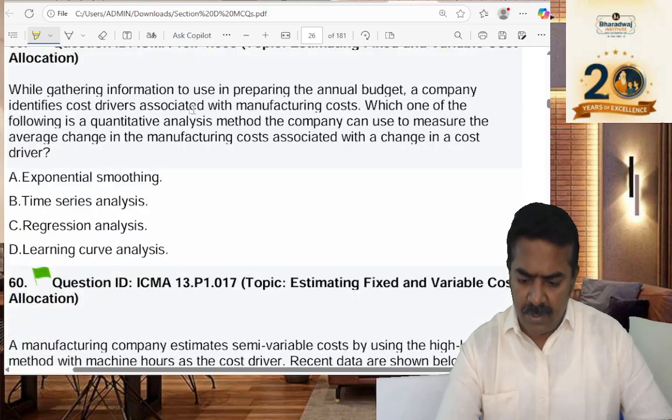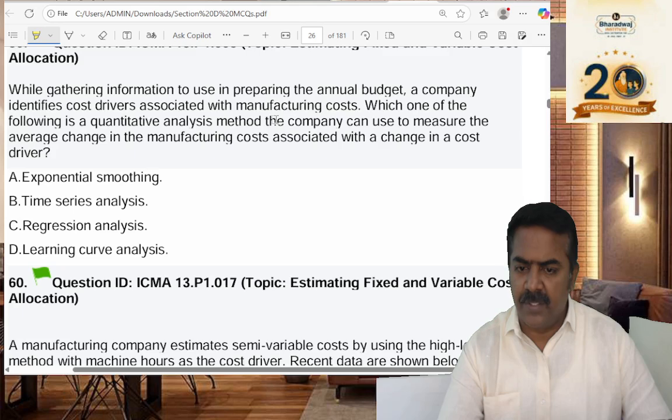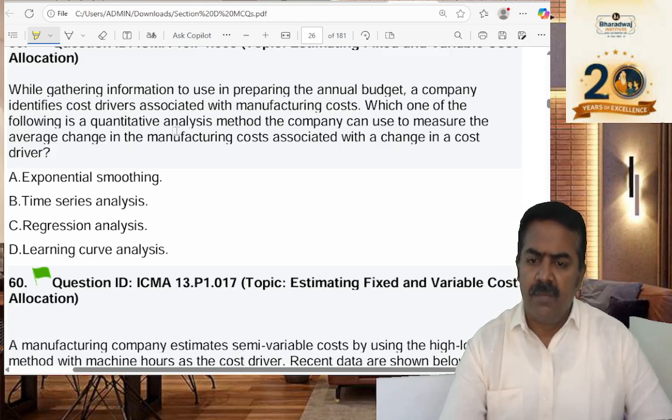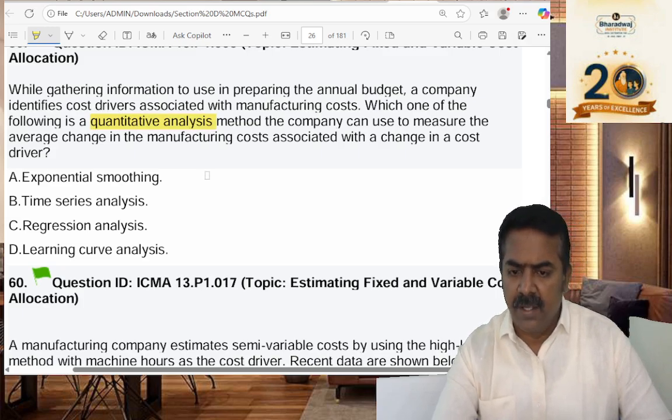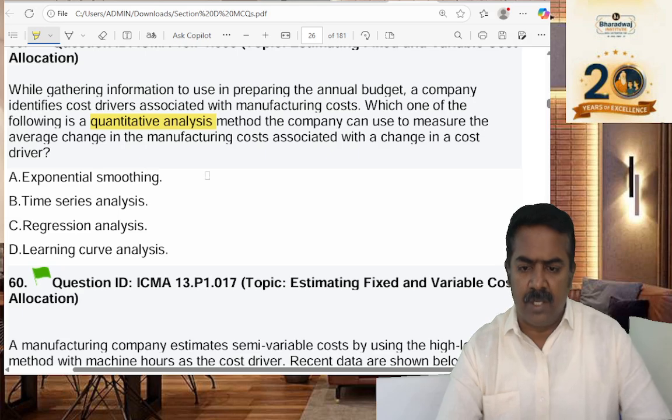While gathering information about usage of annual budget, preparing annual budget, a company identifies cost drivers associated with the manufacturing cost. Which one is a quantitative analysis method the company can use to measure average change in the manufacturing cost?